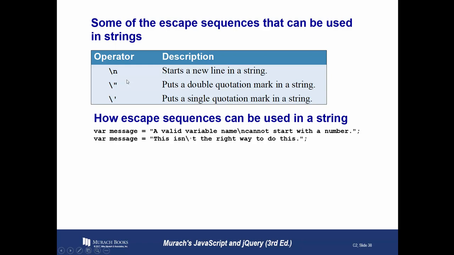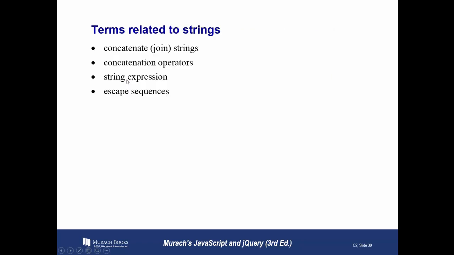If I did this, the backslash followed by this says remove any special meaning from the single quote. So just use it as a single quote. These are all things we're going to be going over again and again as we go on.